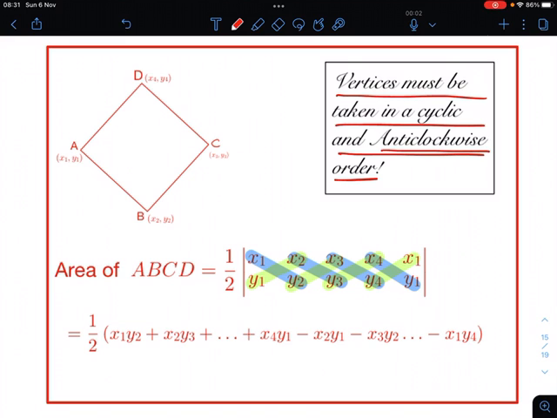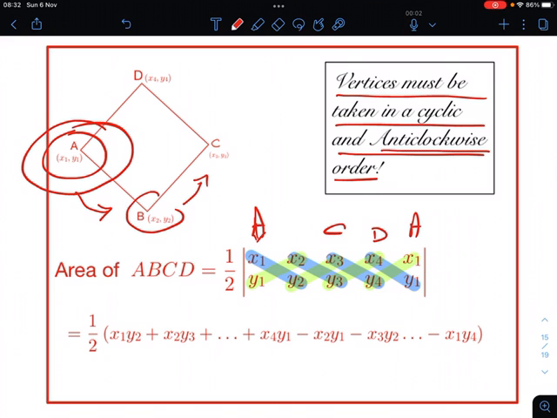That means the area of your ABCD is half, multiplied by x1, the coordinates of A, then followed by B, anti-clockwise, followed by C, and D, and after that add on one more time the coordinates of A, so you have A, B, C, D, and add on one more A. After that, you multiply x1, y2, then x2, y3, and so on, plus x3, y4, then plus x4, y1, and after that you will minus x2, y1, x3, y2, and so on until the last one, x1, y4, and get all the sums, and you get the area of the polygon.